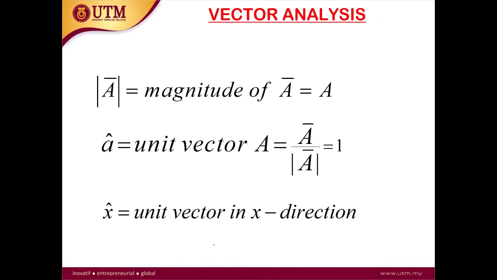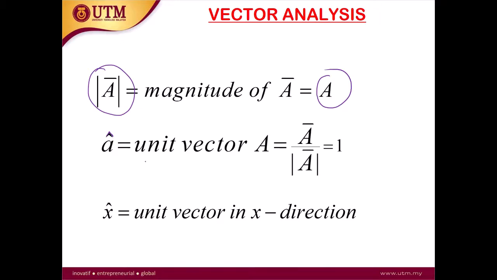A vector contains a magnitude and also a direction. If you see the A bar in brackets like this, it represents the magnitude of vector A, or we can simplify it into just A. And then we have a caret here, or we call it a cap here.